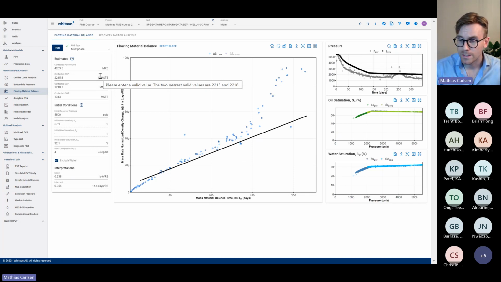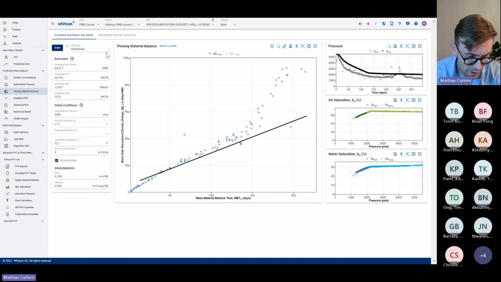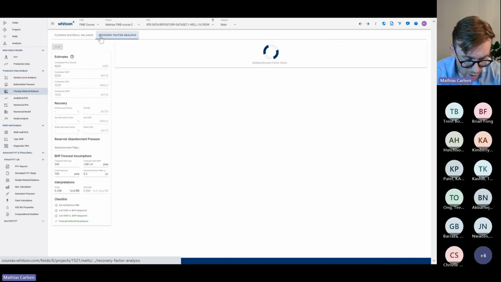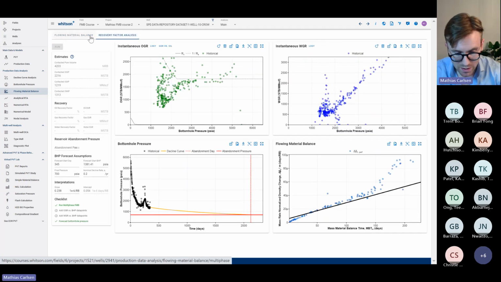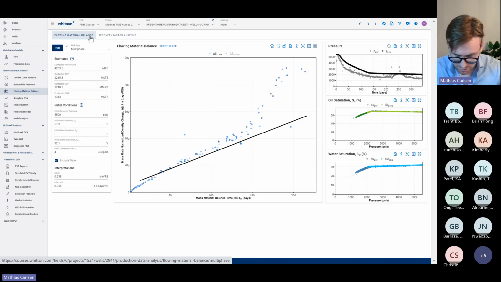And we're going to go over to the recovery factor analysis. That's the last thing here. Okay, so if we go to recovery factor, maybe I'm too fast. I'm just going to give everybody 20 seconds here.